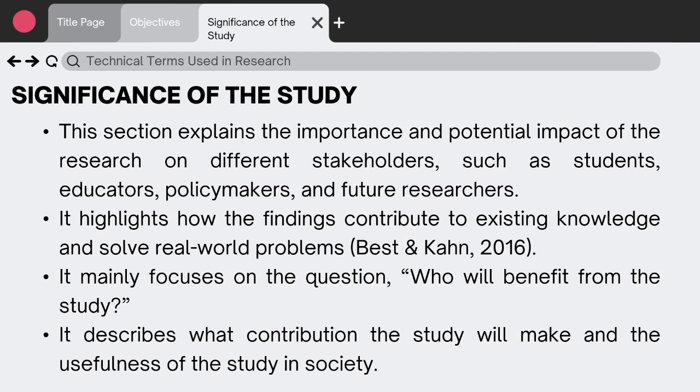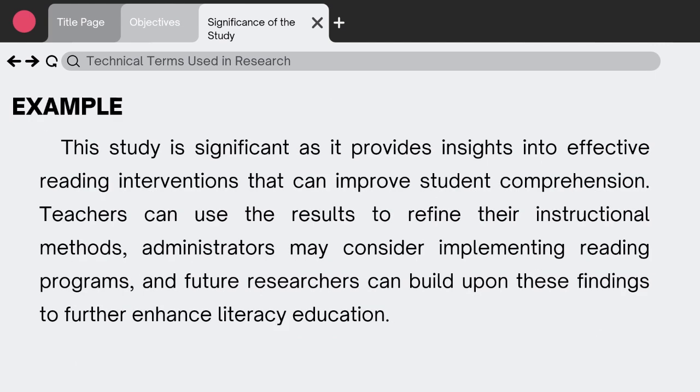So basically, this explains why the study is beneficial and who will benefit from it. Here is an example. So this study is significant as it provides insights into effective reading interventions that can improve student comprehension.